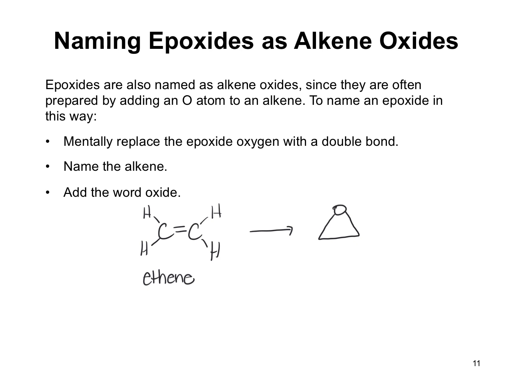When this happens, to name an epoxide this way, you would replace the epoxide oxygen with a double bond and then name the alkene and then add the word oxide. So, for example, when we look at this, this would be ethene oxide. Okay. Now, ethene shown here has a common name, ethylene, and so you will also see ethylene oxide.